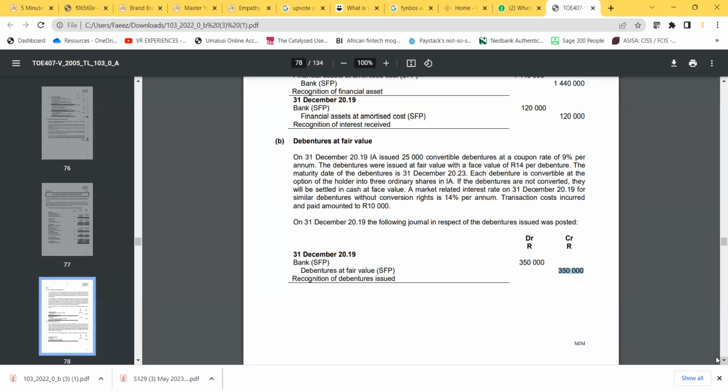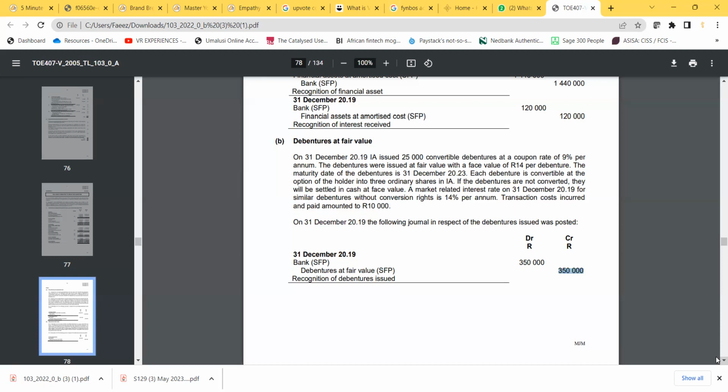Okay? So very important. When you deal with a convertible instrument, you must always identify who has the option to convert. If it is at the option of the holder, so that means it's the investor, the other party has the option, not we, the other party has the option, then that means we have to raise a liability.